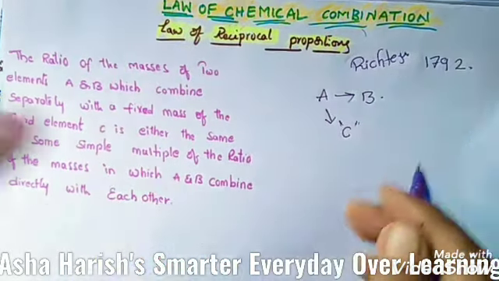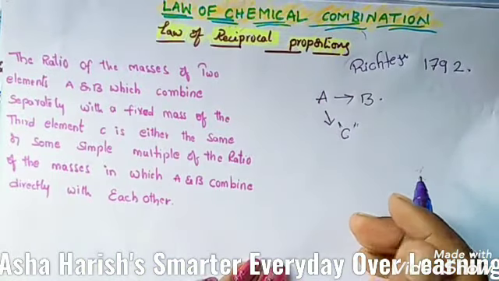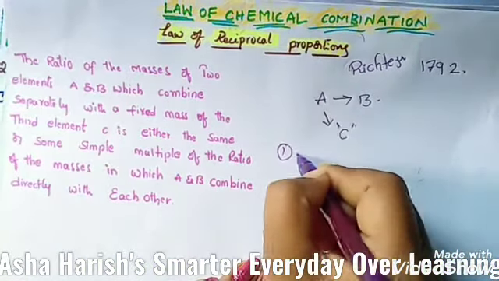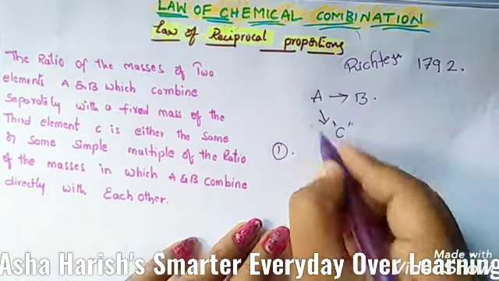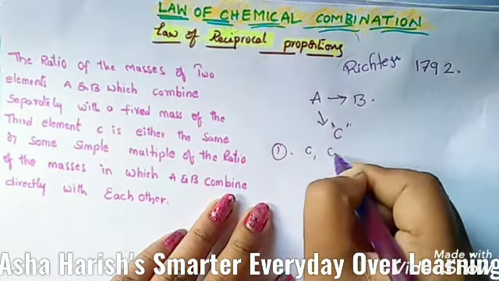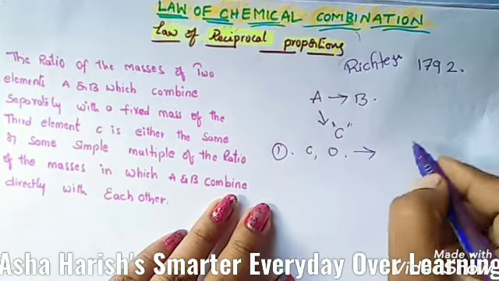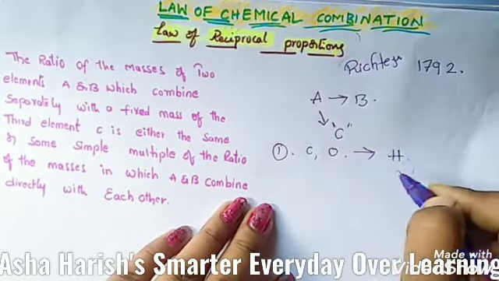This law may be illustrated with the help of the following steps I'll tell you. In step 1, the elements carbon and oxygen combine separately with the third element, hydrogen.